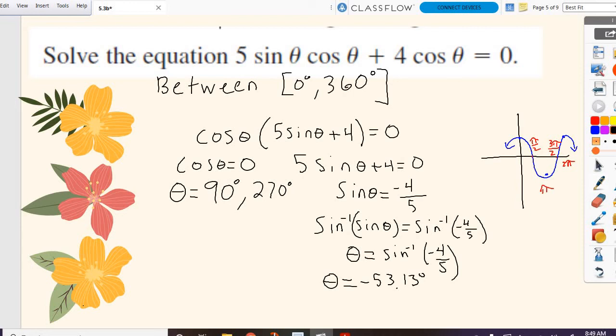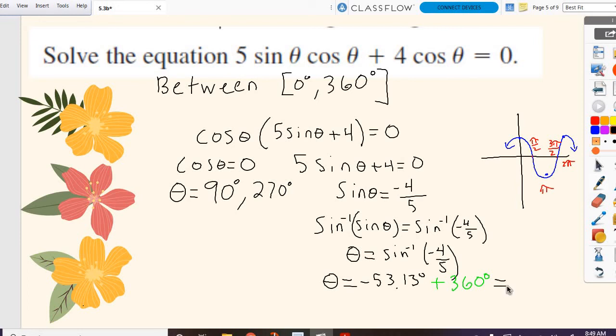However, we don't want to leave it as a negative for this answer because they ask us for the answers between 0 and 360. So basically, we need to find the positive equivalent, or in other words, the coterminal angle. So remember that we do that by adding 360 degrees.